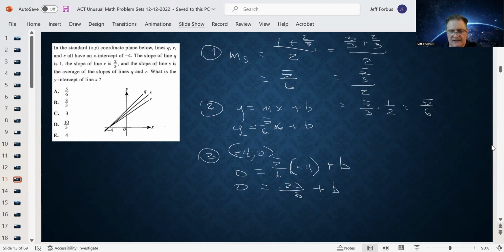I'm going to move the -20 over 6 over here, and I'm going to get a positive 20 over 6 is equal to b. So now we found the y-intercept. Well, notice it's not 20 over 6 in our answer, so that means we need to reduce. So we can reduce 20 and 6 by 2, and that gives us 10 over 3. What is the y-intercept of line S? It is 10/3. Therefore, answer choice D.